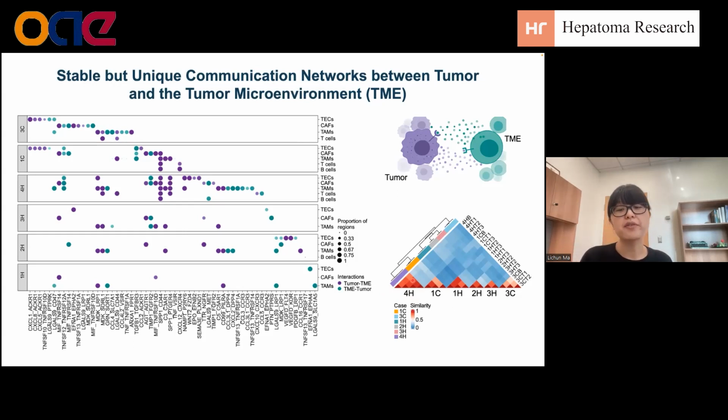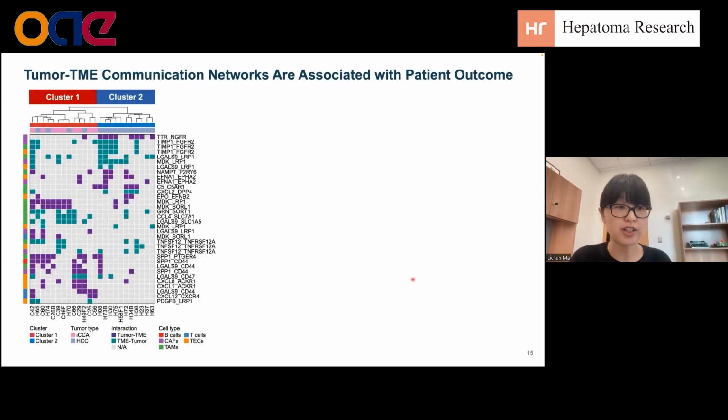To determine if patient-specific tumor and tumor microenvironment communication networks are biologically important, we extended our research on ligand receptor interactions to an additional 24 tumor samples from HCC/ICC patients from the NIH Clinical Center. We identified two major clusters based on the hierarchical relationship of the ligand receptor interaction activities.